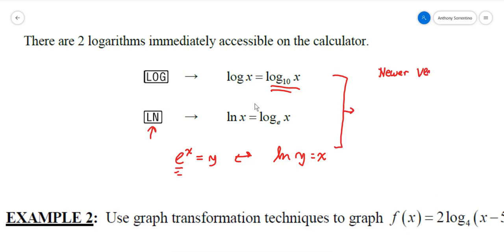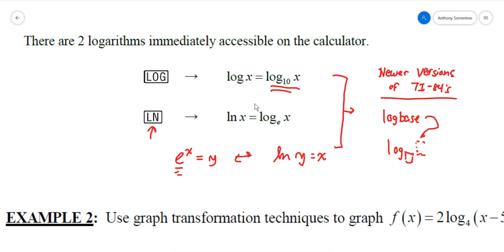Now, newer versions of TI-84s have a log base command. What that will do on your calculator is it actually will put the boxes here, so you could put the base here and the number here, and it'll do any log base.